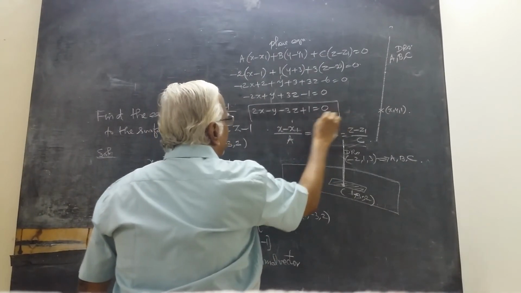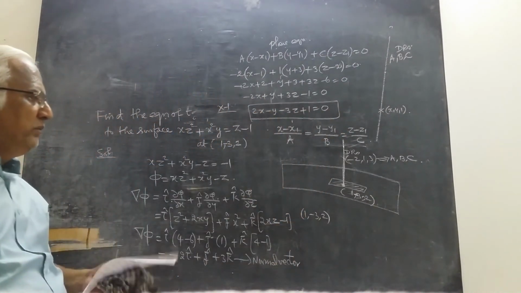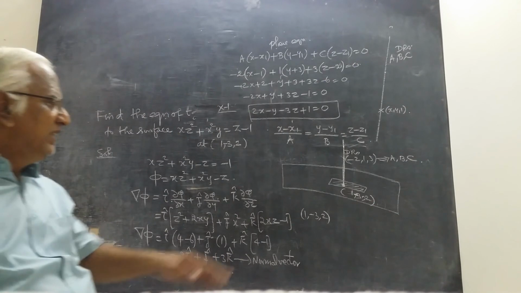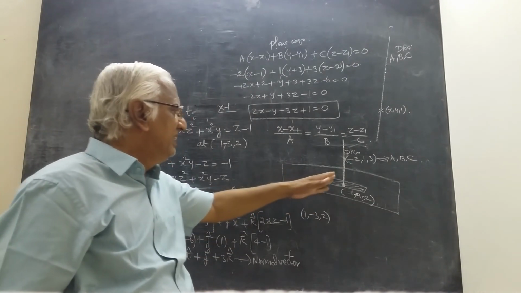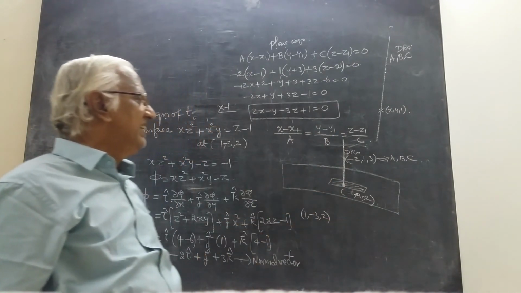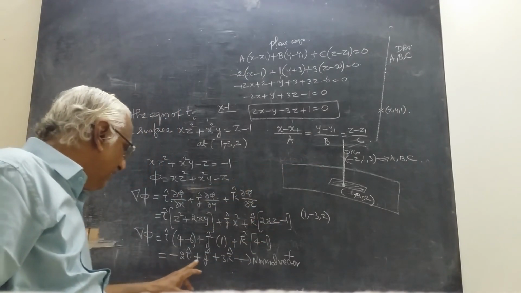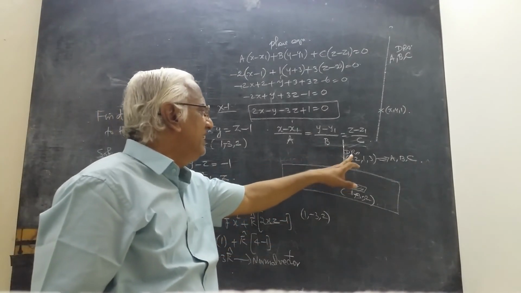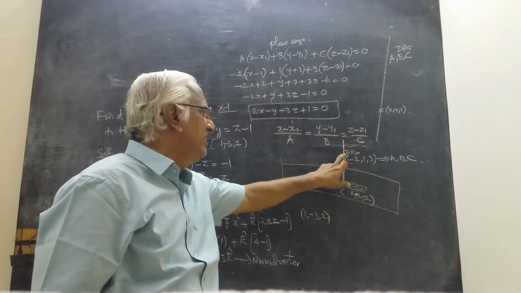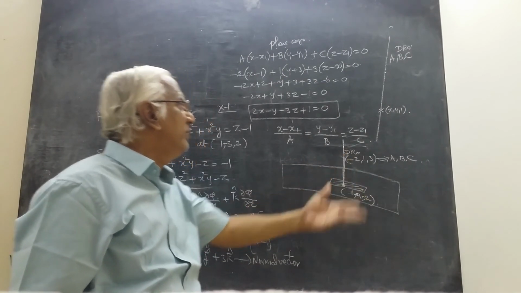This is the tangent plane. The important thing: you take the surface, find del phi, which is the normal vector, and the ijk coefficients are the DRs. Once the DRs of the normal and the point are known, you get the plane equation.